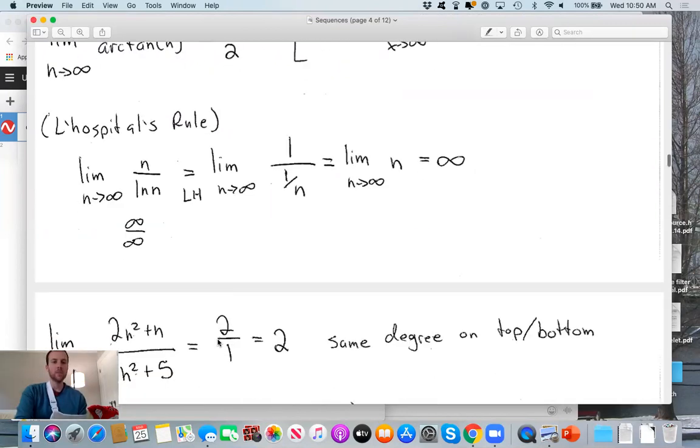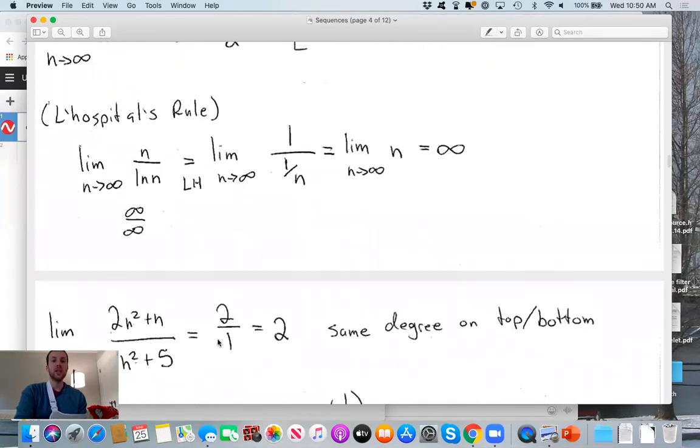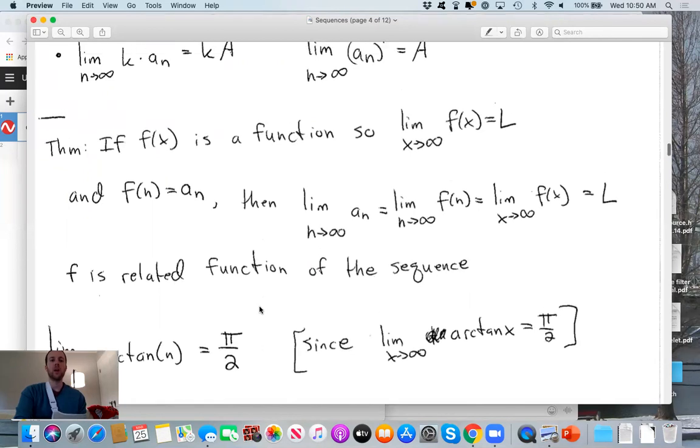So these notes are going to be posted, and in the lab tomorrow from 12 to 1, I'm going to be talking about more examples of sequences, in particular, seeing how the limits at infinity that we've done before are really similar and thought about in the same way as these limits of sequences.